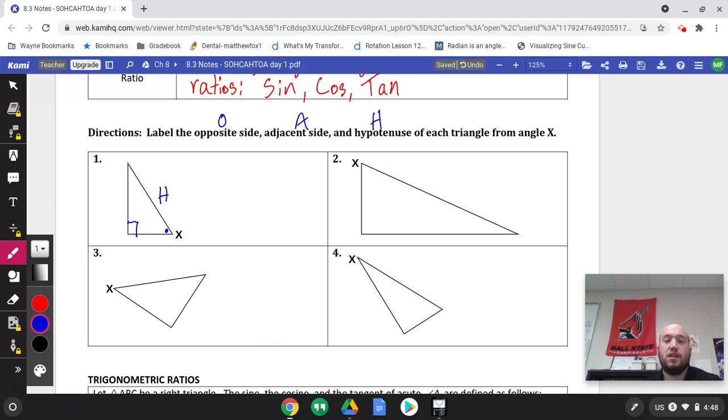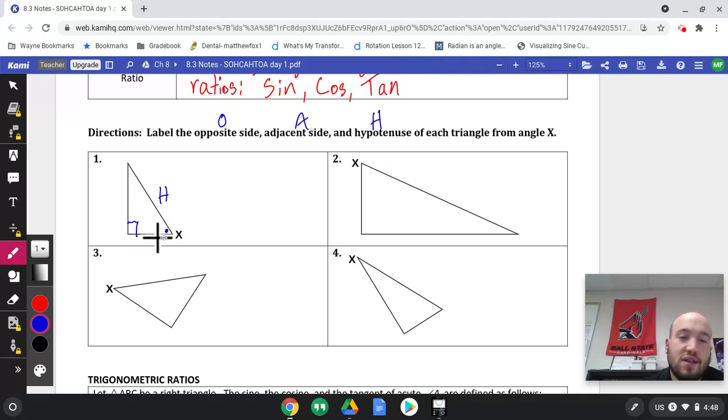Now, opposite and adjacent. Think about what those mean. Adjacent means next to; they share a side. So between these two, only one is adjacent. If this is our angle X, both this side and this side would technically be adjacent, but we already labeled this one as our hypotenuse.